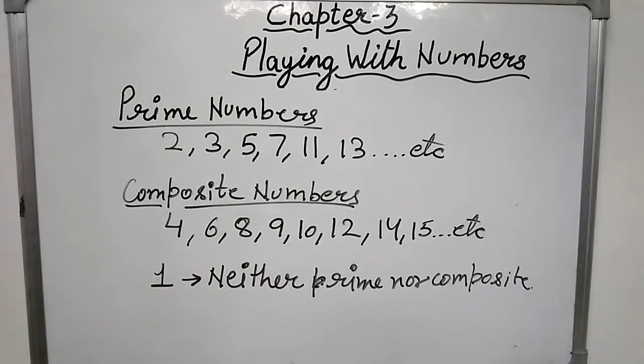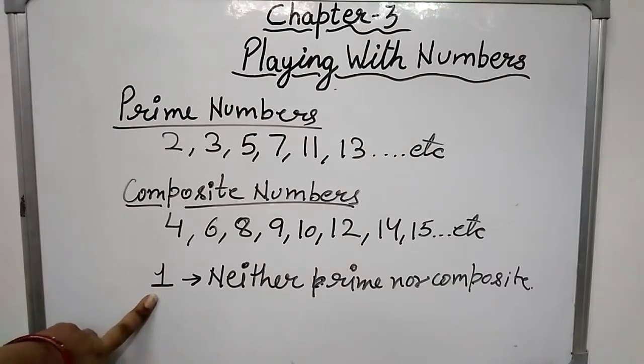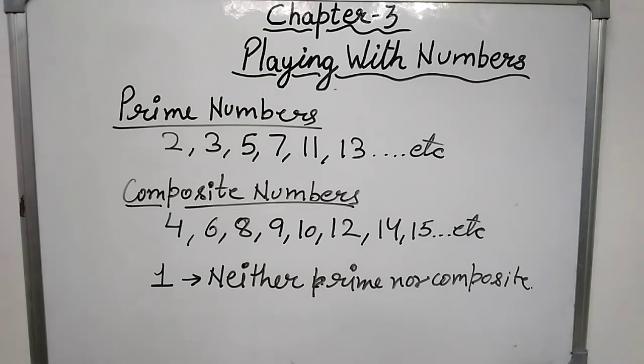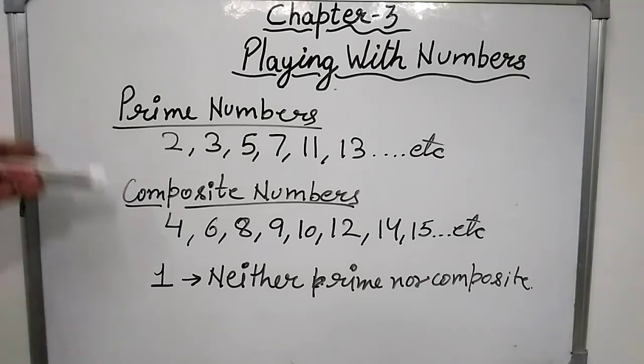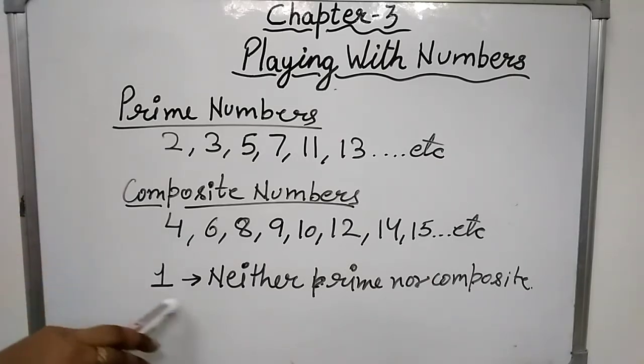You can see the factor of 1 is only the number 1 itself. So number 1 does not have two factors and does not have more than two factors. That is why number 1 is neither prime nor composite.